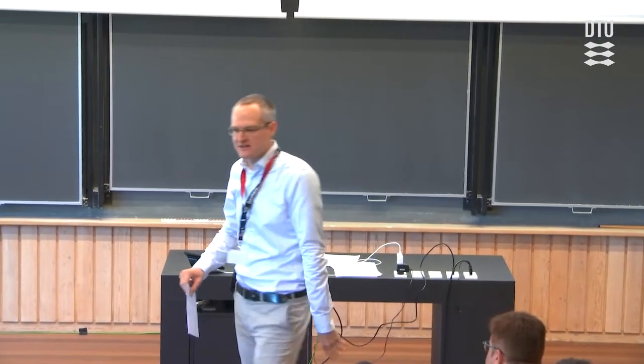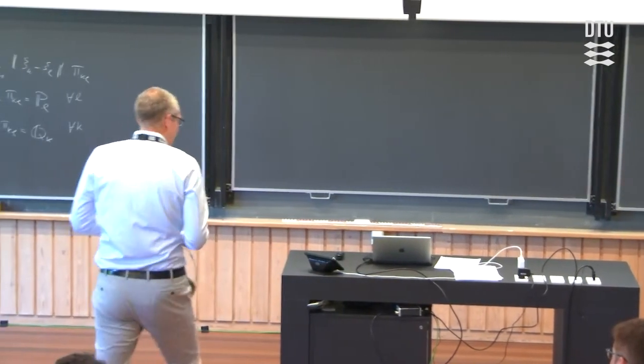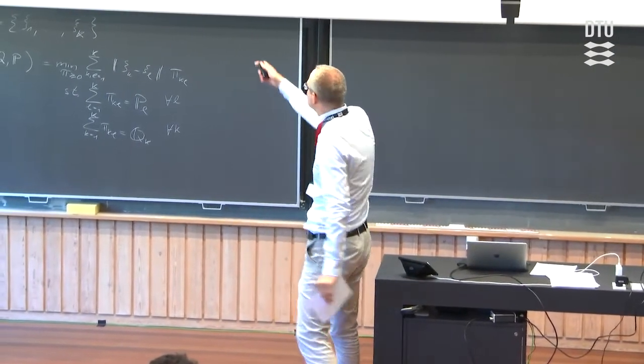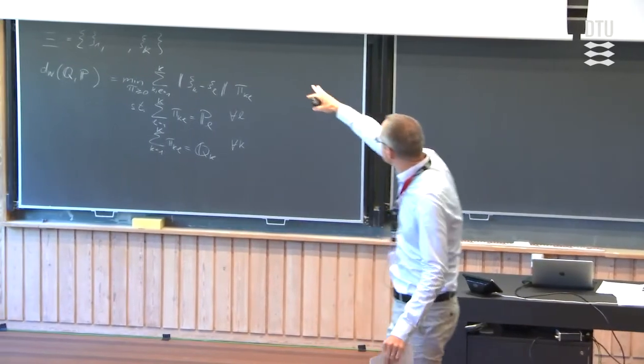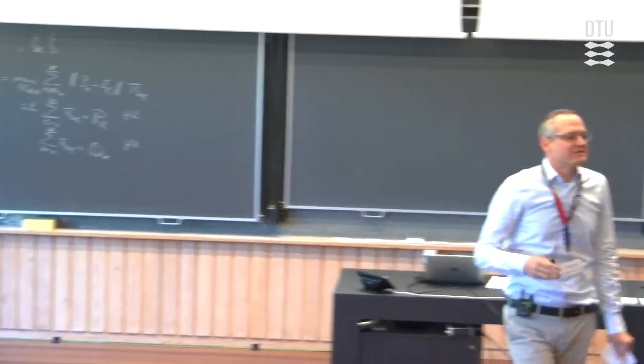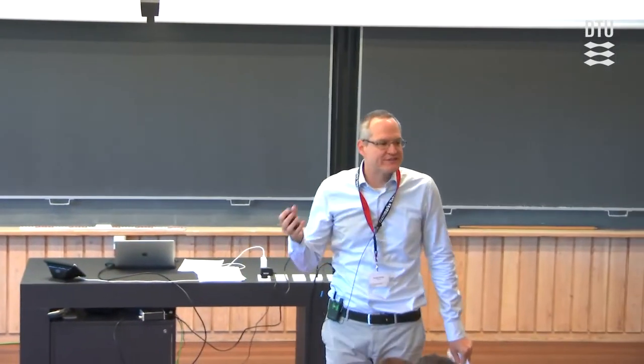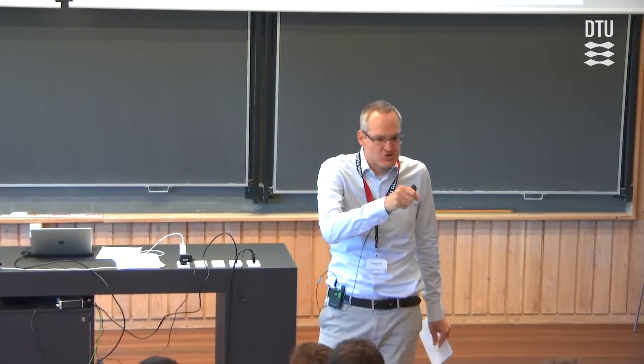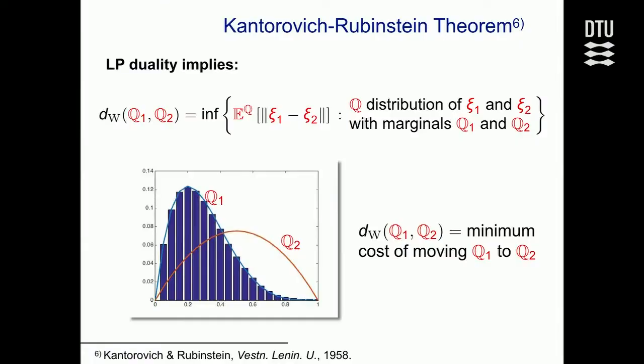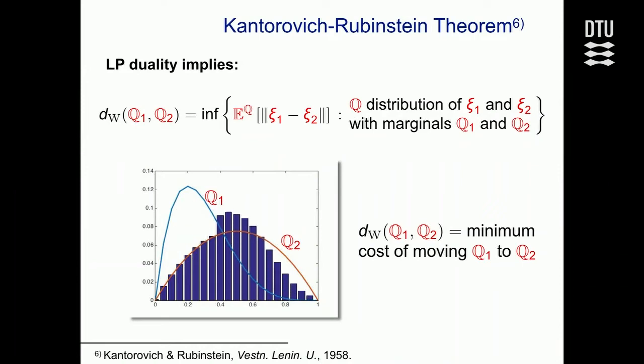That's easy to imagine, right? So here is an animation. You have the distribution Q1 and Q2. The distance between Q1 and Q2 is the minimum cost of moving the distribution Q1 to Q2, when the cost of moving a unit point mass from Xi1 to Xi2 is equal to the distance between the 2 points. So, if you transport it, it will look like that.